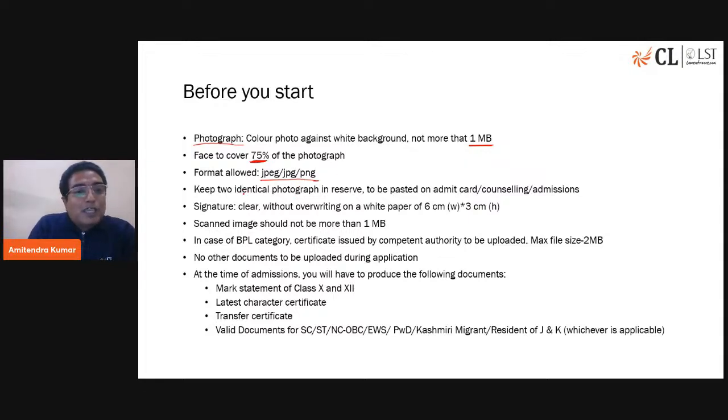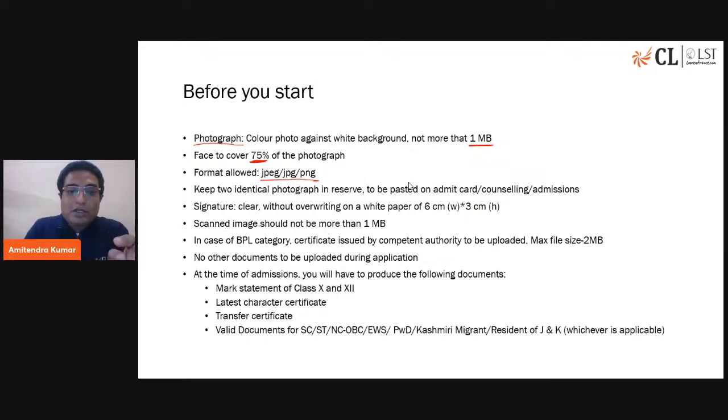You also need to keep two identical photographs in reserve, which means आप जो photograph use करने वाले हो, उसके दो copies print करा करके reserve में आप अपने पास रखेंगे. They will be required with the admit card. So when the admit card is released, you have to paste the same photograph over there.